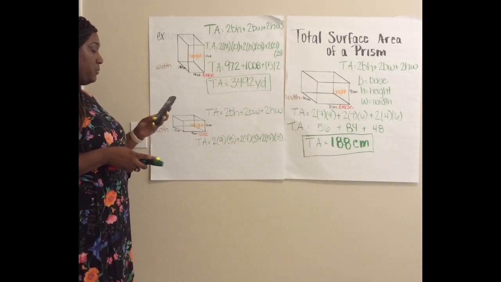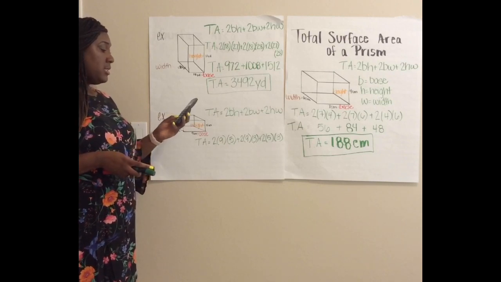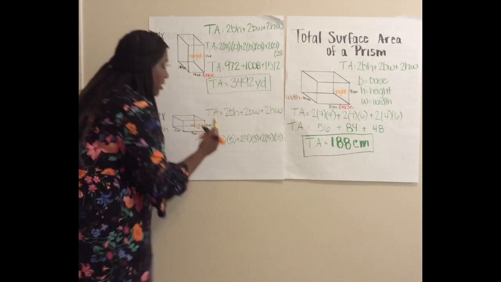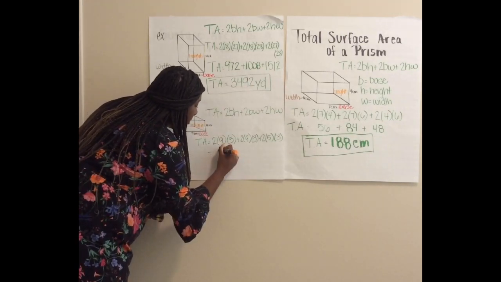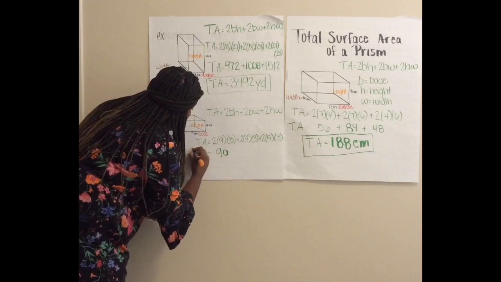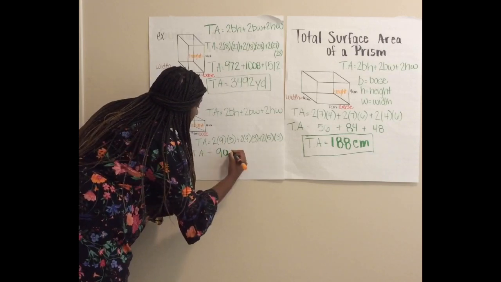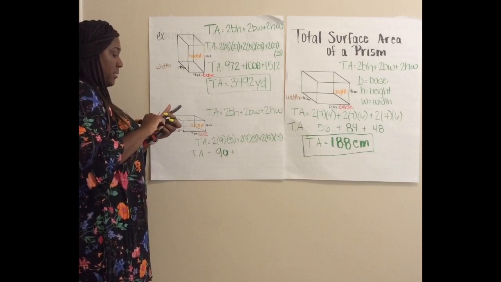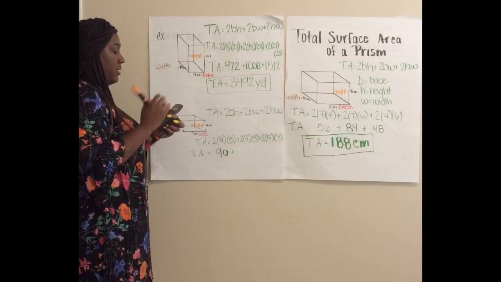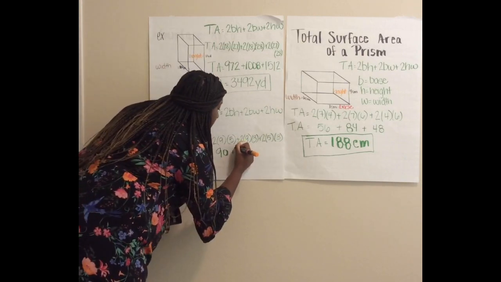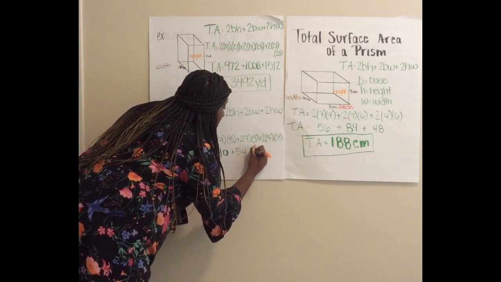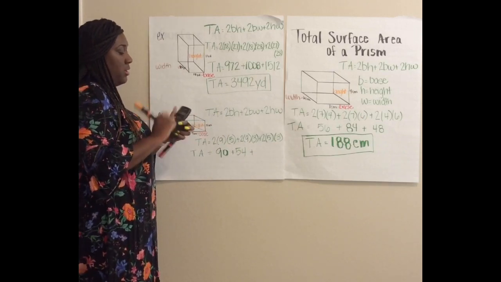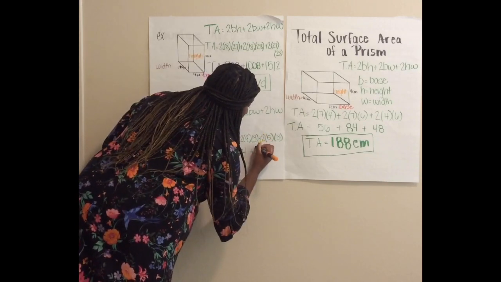So we have 2 times 9 times 5, which gave us what? 90. So now we have 2 times 9 times 3, which gives us 54, plus 2 times 5 times 3, which gives us what? 30.